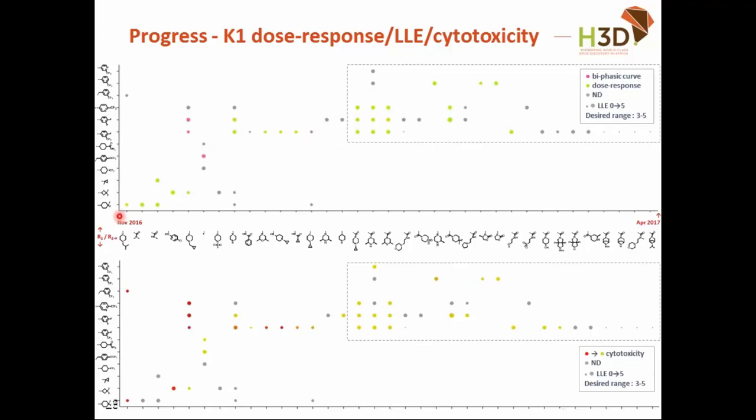So the x-axis is the time. If we look at how we've progressed along the time, we see that we had some cytotoxicity issues here and some dose responses that were biphasic here, and by identifying a good chemical space where we didn't have the biphasic curve, we also managed to stay away from cytotoxicity and to have good physical-chemical properties.